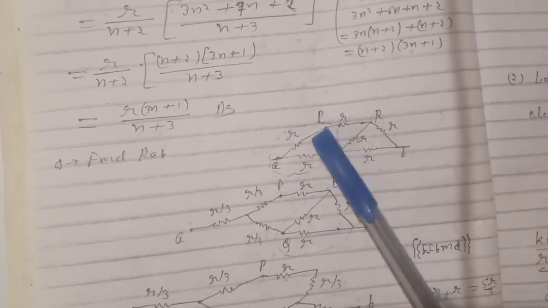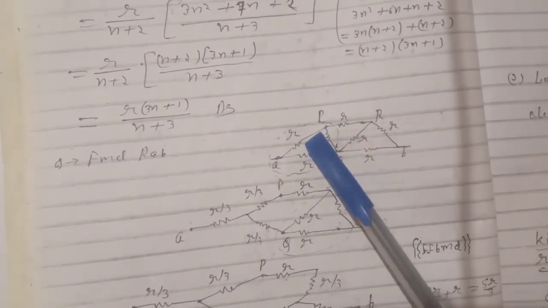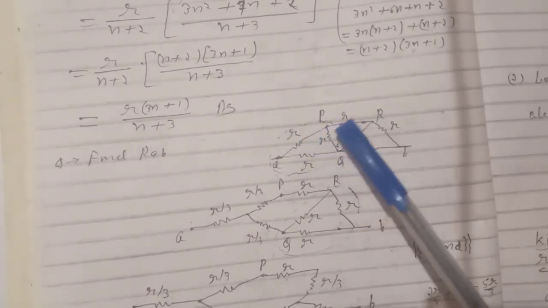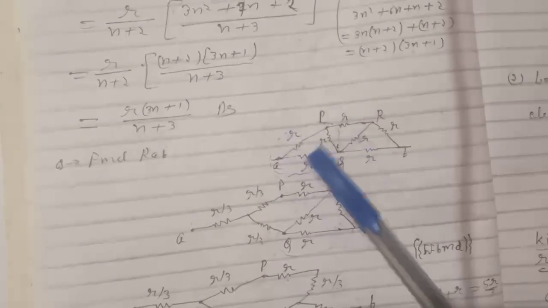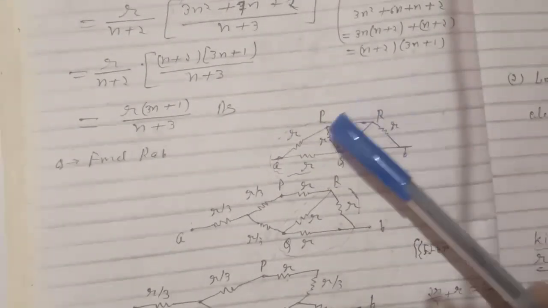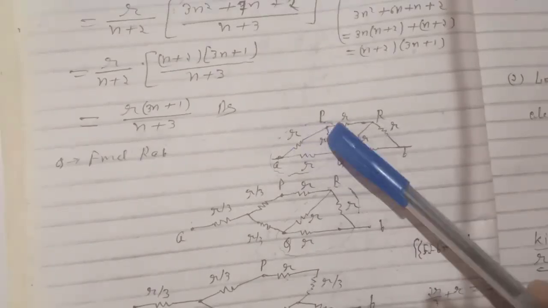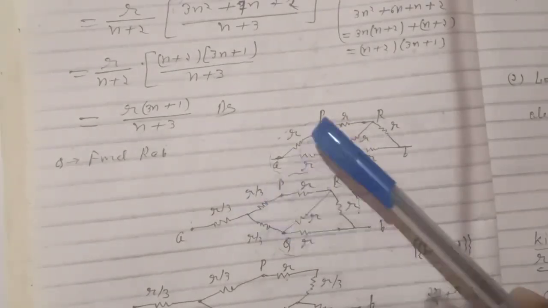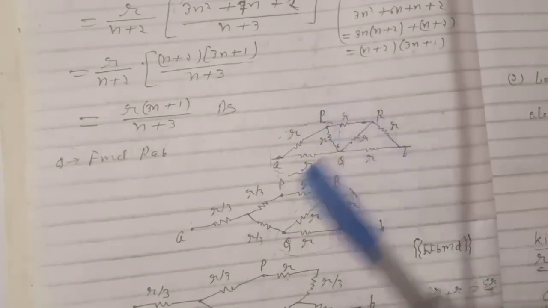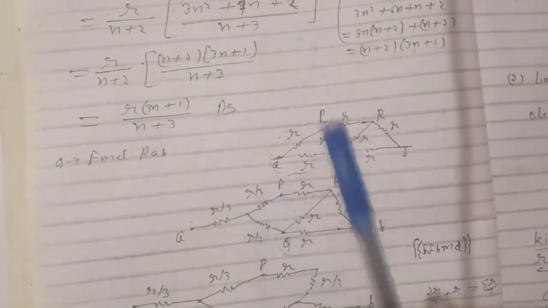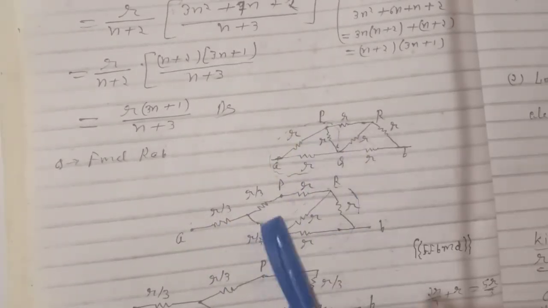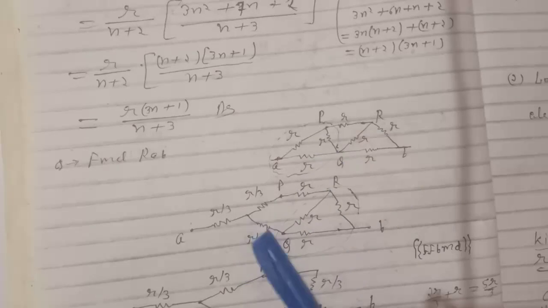So we have to take one point in between and transform this all into a star formation. For example, this will be R into R by sigma R, so R square by 3R equals R by 3. Again this point will be transformed by R by 3, and again this point by R by 3. This too will be R by 3.